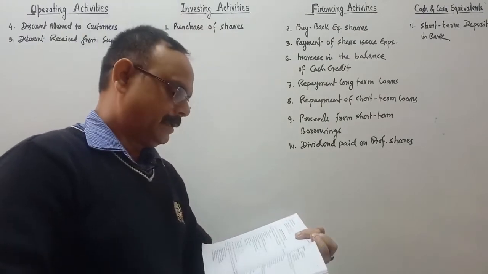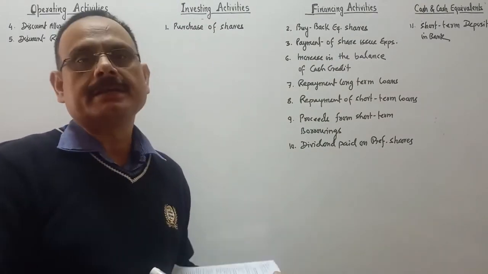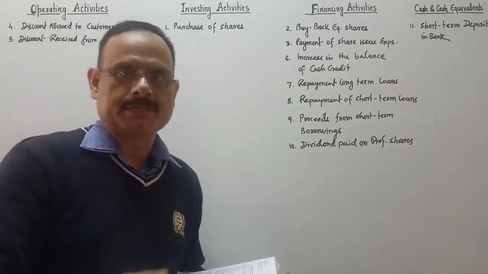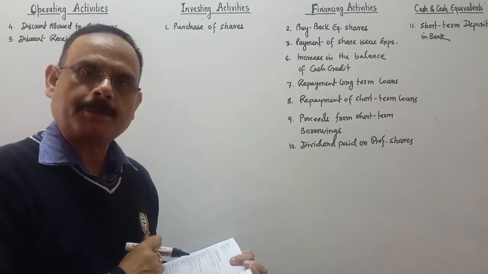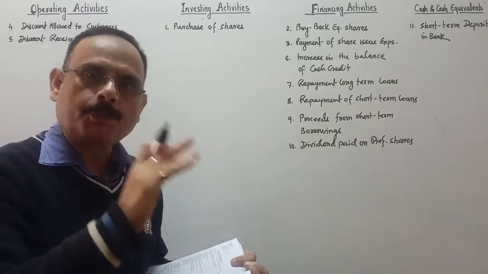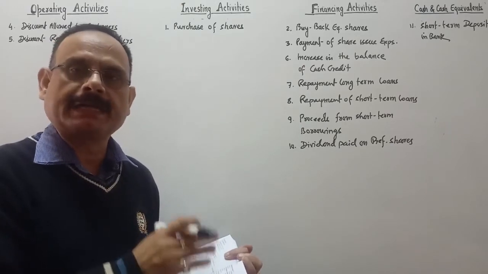Next is rent received by a company whose main business is real estate business. Rent received by that type of company comes under the operating activities, because it's the main revenue generating activity of the real estate.